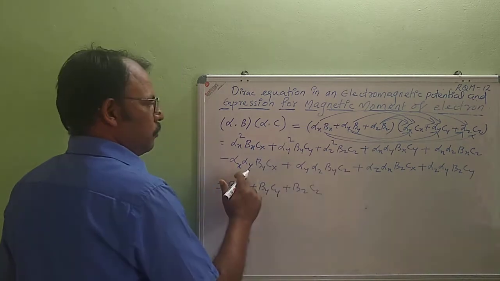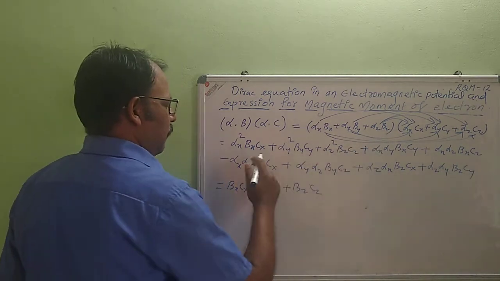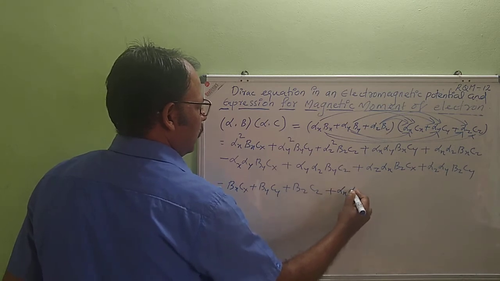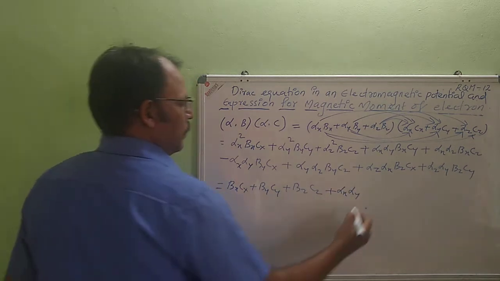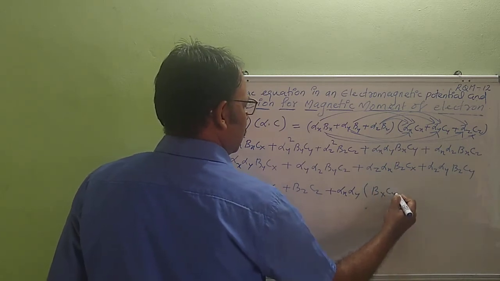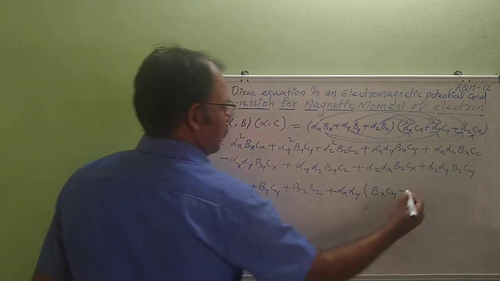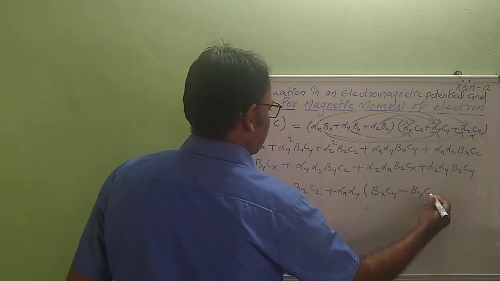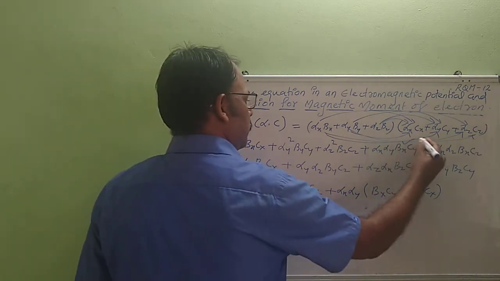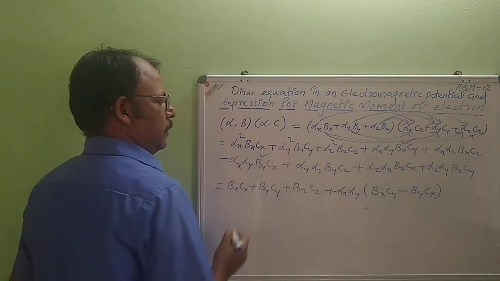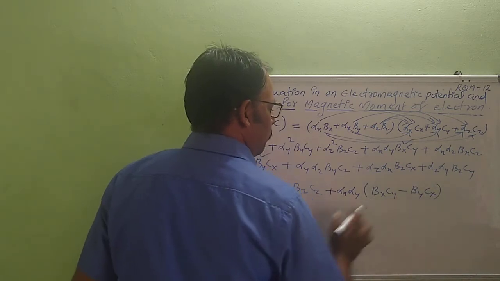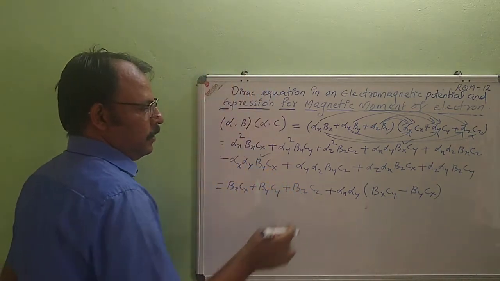Combining these two terms, taking alpha x alpha y common, we get plus alpha x alpha y into Bx Cy minus By Cx.